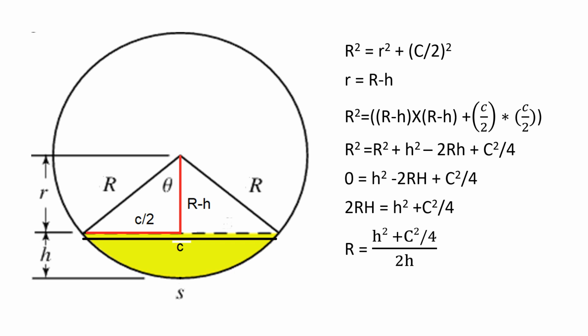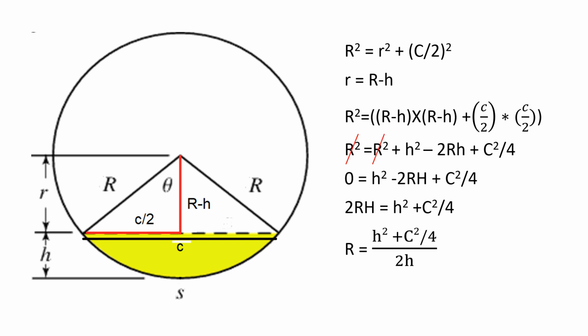Therefore, square of R equals square of (R minus h) plus square of half the C. Solving square of (R minus h) using the formula for square of (A minus B), we get square of R equals square of R plus square of h minus 2Rh plus square of half the C.